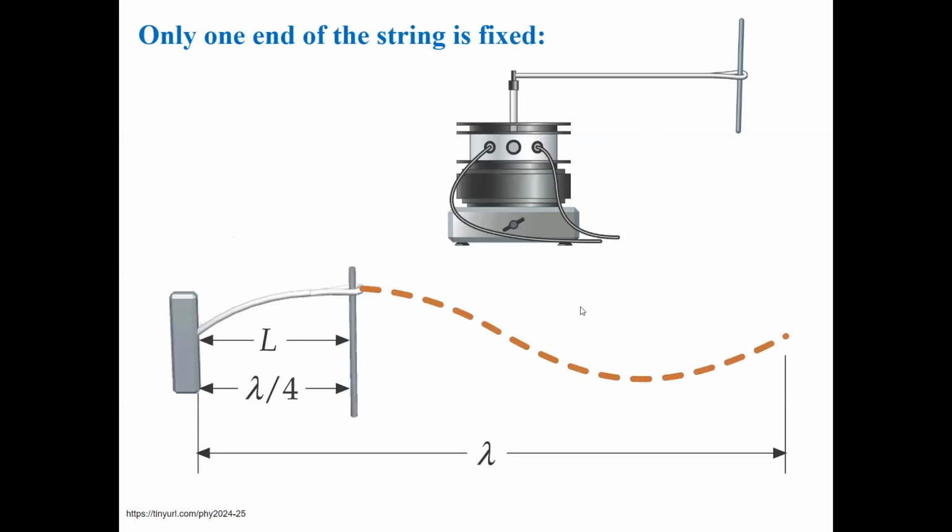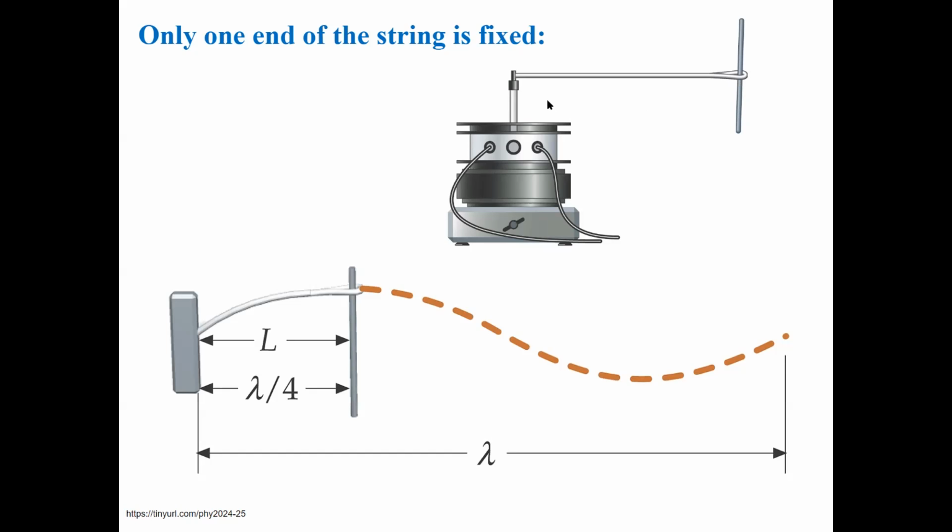All right. Now we have checked when the string has both ends fixed. So what if the string just has one end being fixed? If this is the case, this end is fixed and this end is loose. It can move up and down on a rod like this.